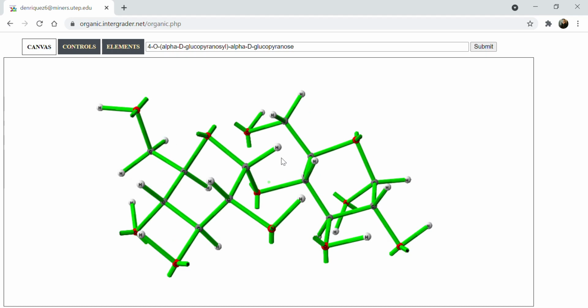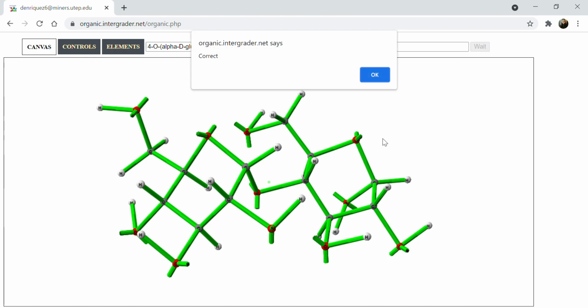I kind of just want to leave it like this, do a double check on the spelling, glucopyranosyl, alpha D glucopyranose. And let me look at my paper and see if I have every component that I need. It looks like I do, so I'm going to leave it like this. It's so stressful. Okay.